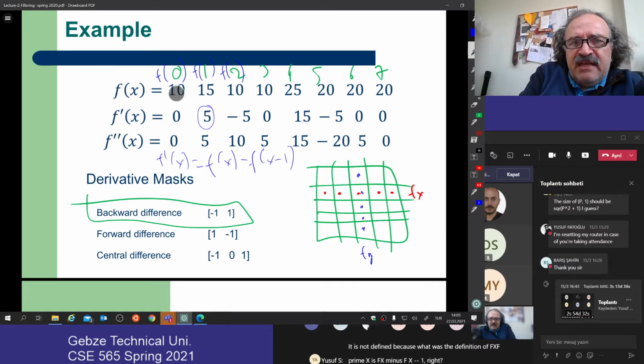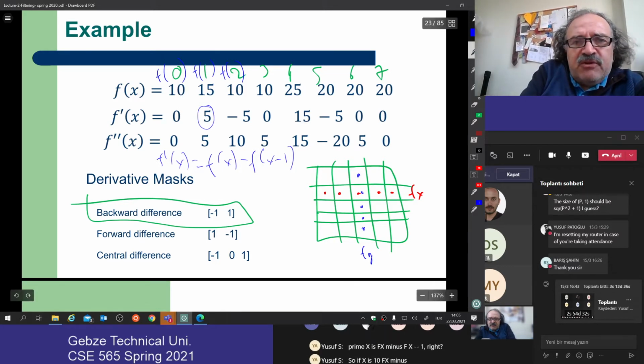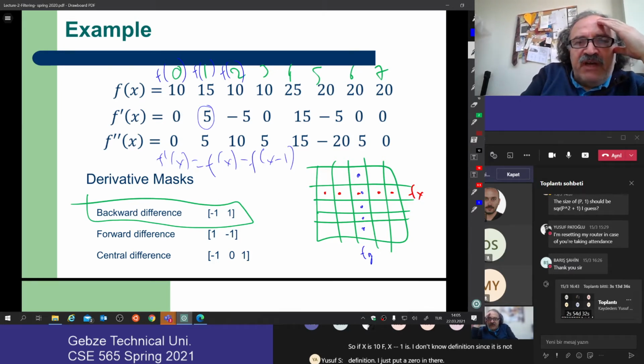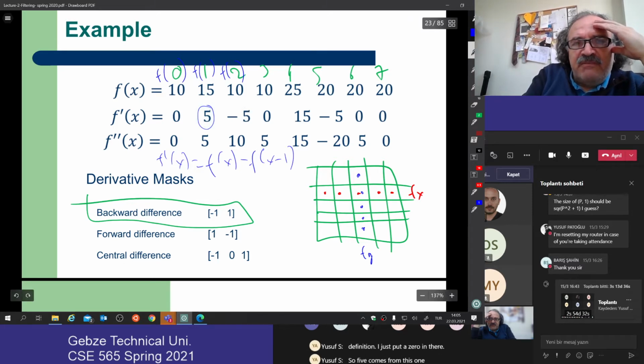So f(x) is 10, and f(x minus 1) has no definition. Since it is not defined, I just put a 0 in there. So 5 comes from this one, minus 1: 10 minus 15, 10 minus 10, 25 minus 10. Yeah, okay, it goes like that.